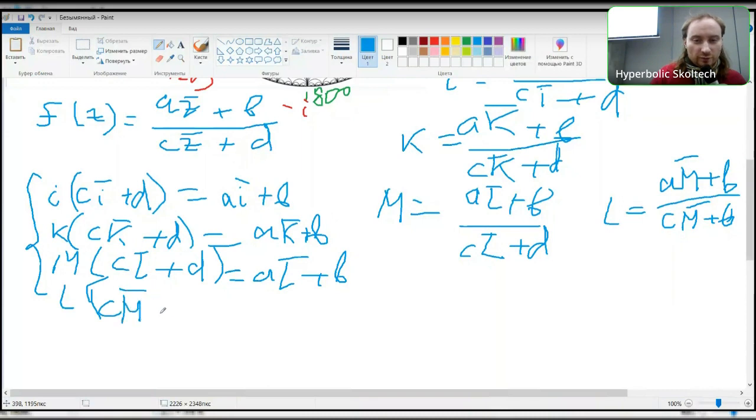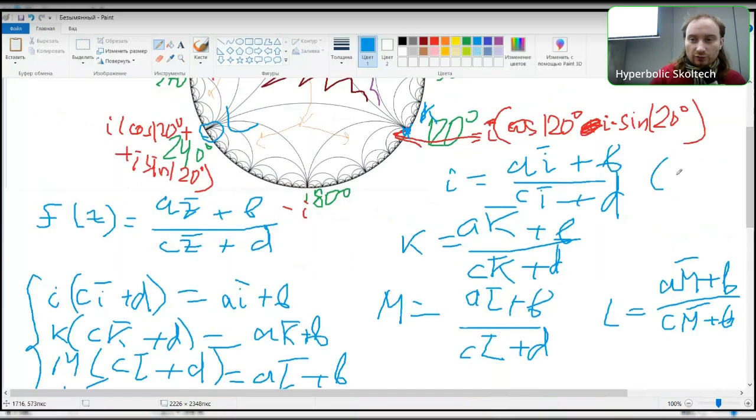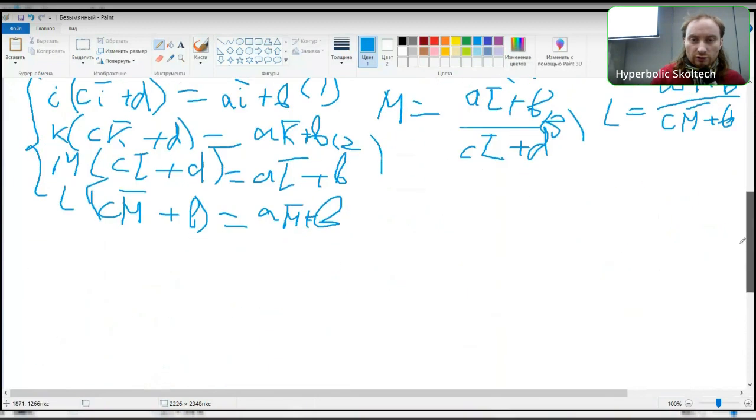So there is enough information for the coefficients already. So this equals A M bar plus B. So this is the first equation. Second, third, this is here, and fourth.